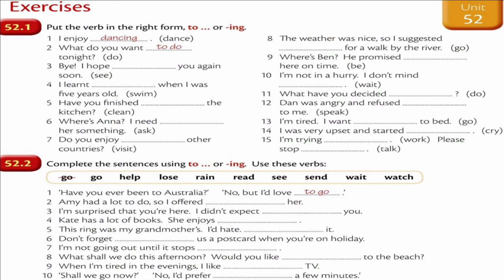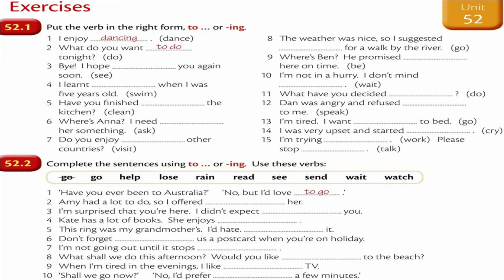Now it's time for exercises. 52.1. Put the verb in the right form, to or ing. Number 1. I enjoy dancing. Number 2. What do you want to do tonight? Number 3. Bye. I hope to see you again soon.